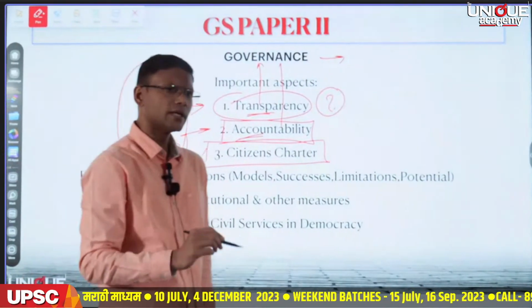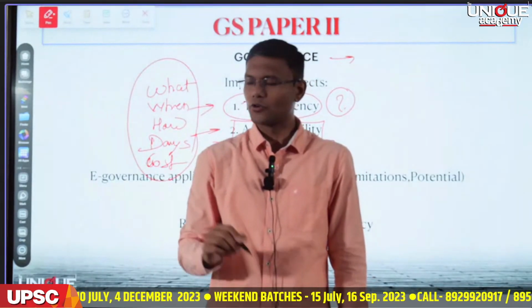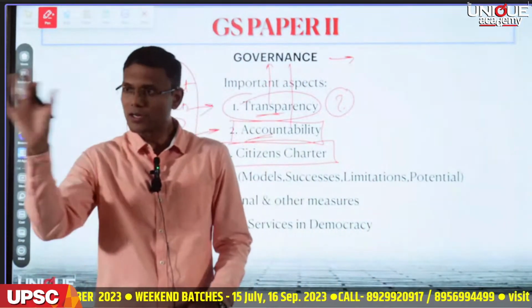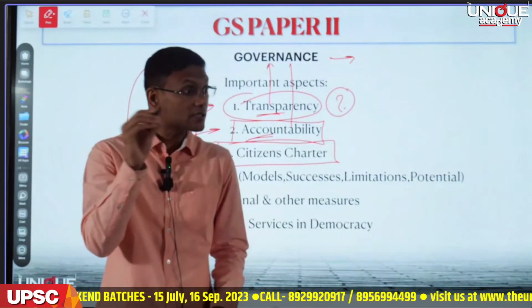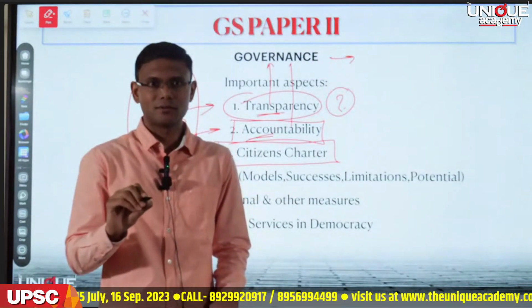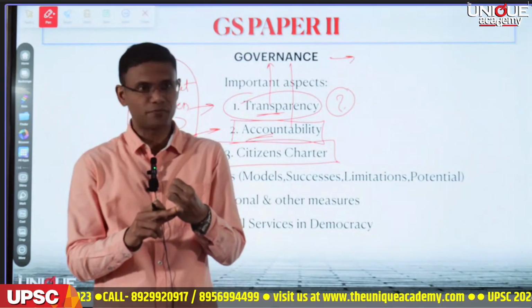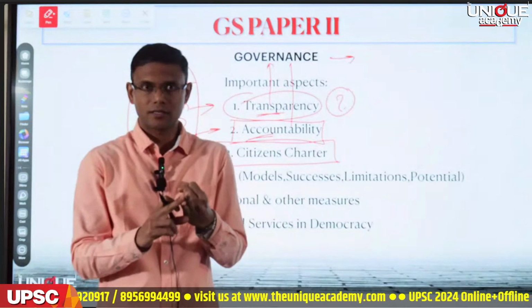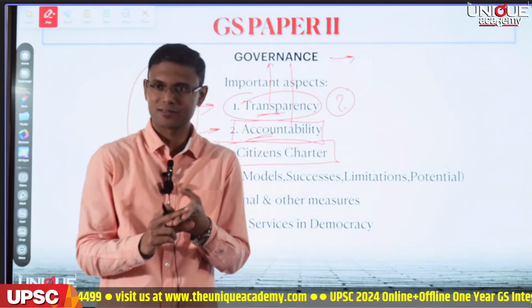You go and visit any government office. You'll find that there is a board, blue color का board देखिएगा ऑफिस के बाहर ही, जहाँ पे citizen charter लिखा है, and that charter would tell you what services are being offered by this particular office. Who is the responsible officer? At what cost? In how many days would you get that service?